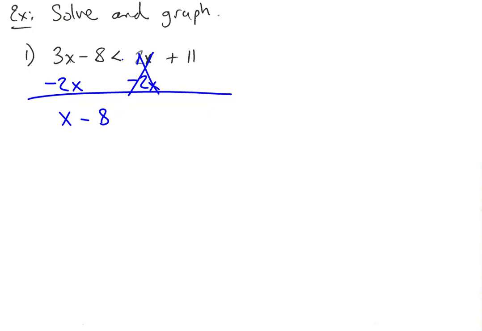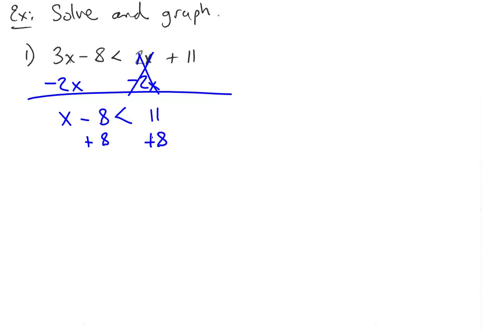Then we keep the inequality symbol as is, so it's a less than with an alligator trying to eat the right side as it was originally. We haven't flipped anything because we have not multiplied or divided by a negative here. And then I'll also just bring down the positive 11 we had originally there on the right side. I want to get x alone, and we're almost there. I have an x minus 8 on the left side, and I could get the x alone by adding 8.